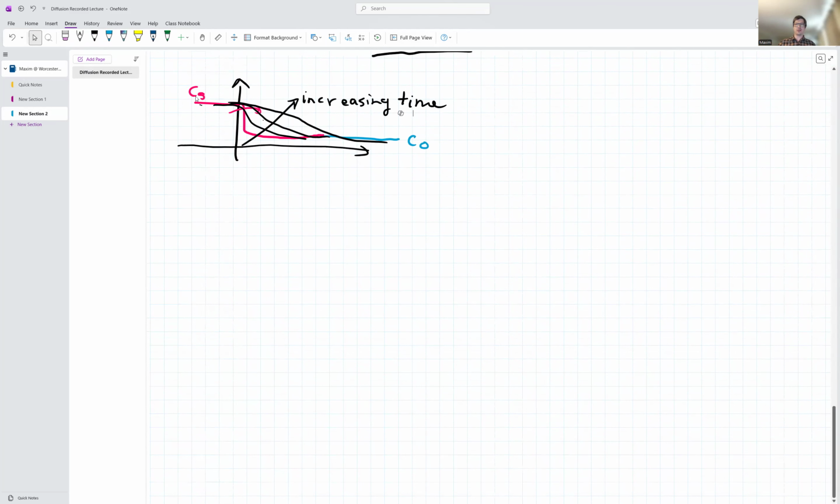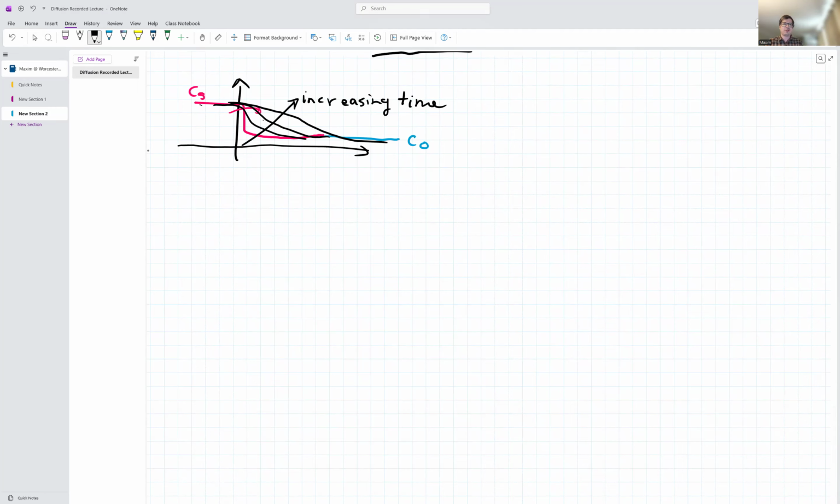Okay, so now let's talk about Fick's first law, which is also important. And in order to understand that, we need to talk about flux.